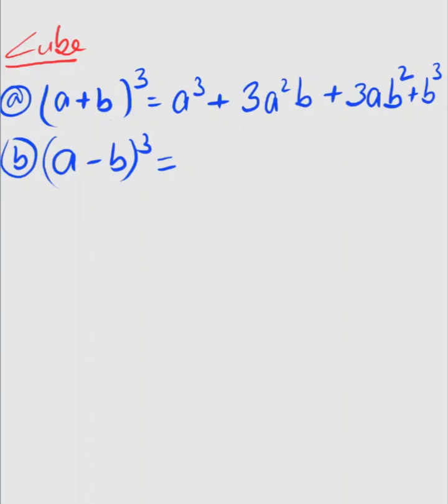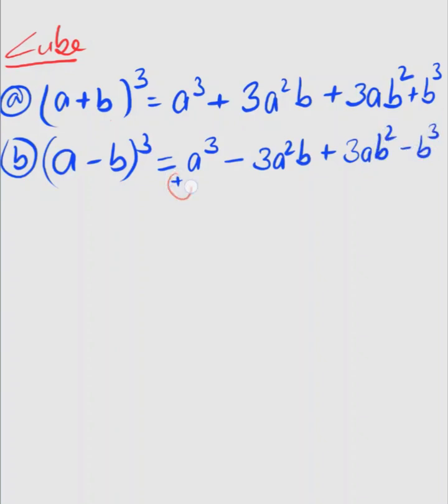So we need to remember 2 plus and 2 minus in case of cube. a cube is similar, but first plus then minus 3a square b, then again plus 3ab square and again minus b cube.